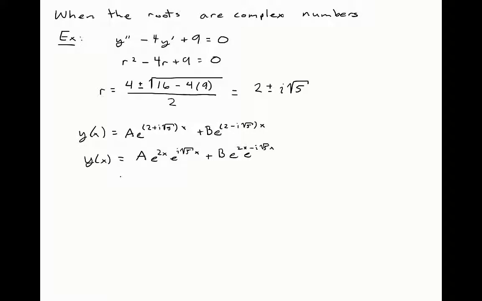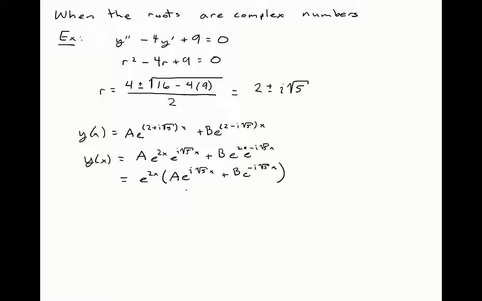Now I'm going to factor out the real exponential. So we have exponential growth out here, and then complex exponentials on the inside, which, as we talked about before, means that there are oscillations going on. So let's write this in terms of sines and cosines.